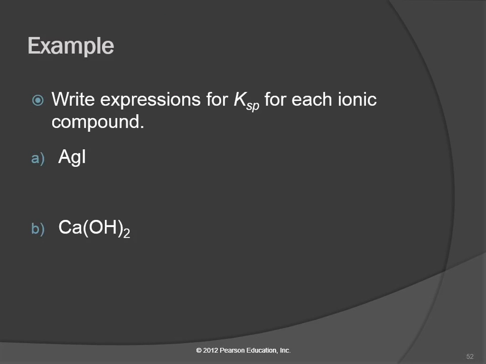So write equilibrium expressions for each ionic compound. Ksp, this is solubility product. So the first thing we have to do is write an equation for how this dissolves. So silver iodide, that's a solid. And what two ions is it going to form? Silver ion, and that's going to be aqueous, and iodide ion.